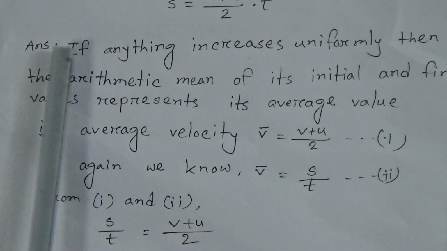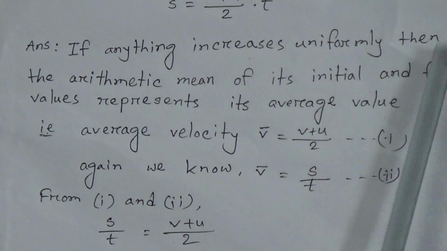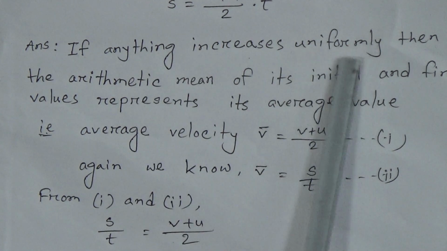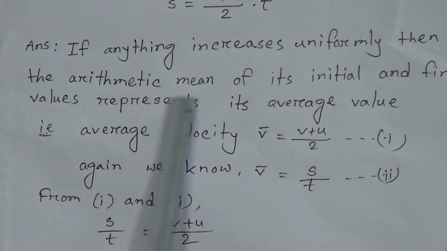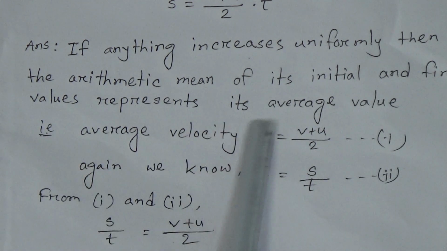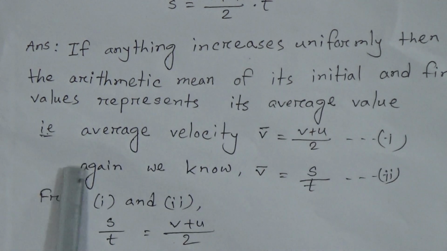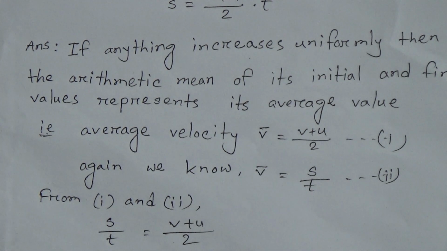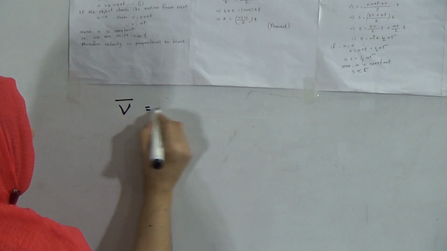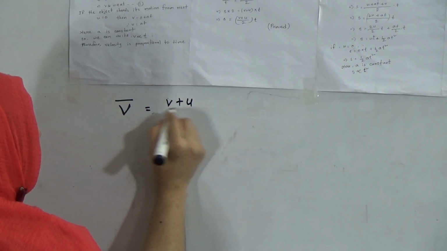If anything increases uniformly, that means at the same rate, then the arithmetic mean of the initial and final values represents its average value. That means the average velocity, v bar. This sign is called bar. This is average velocity, v bar equals (v plus u) divided by 2.